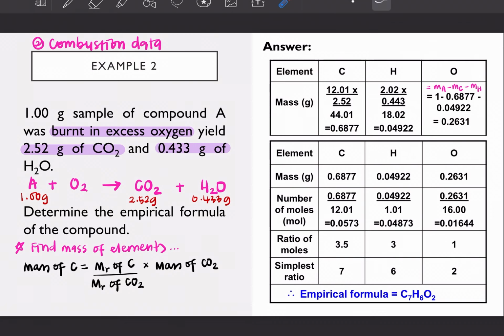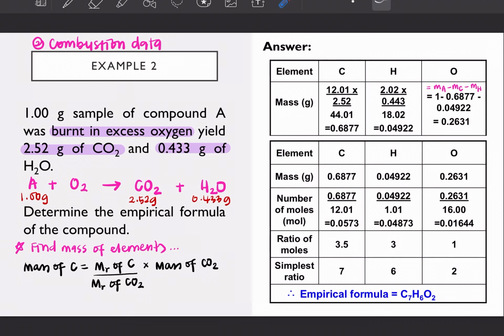So next, we are going to do the mole table, the mass to mole ratio. Start with your elements, carbon, hydrogen, oxygen, and then your mass in grams. These you just take from above and fill in. And then the number of moles is mass over molar mass. Mass over molar mass, mass over molar mass.